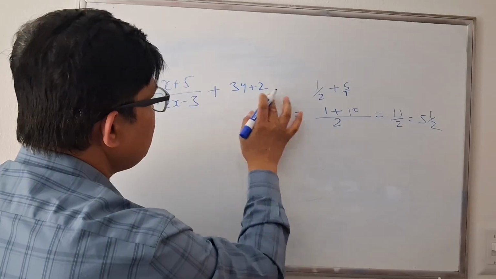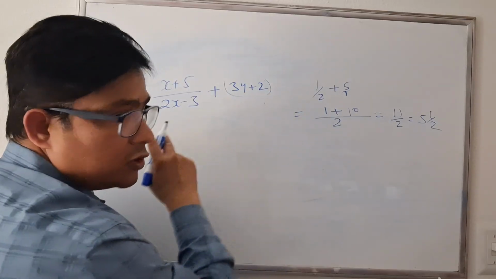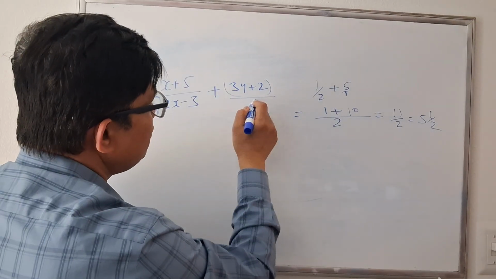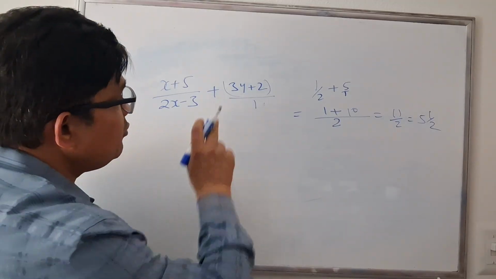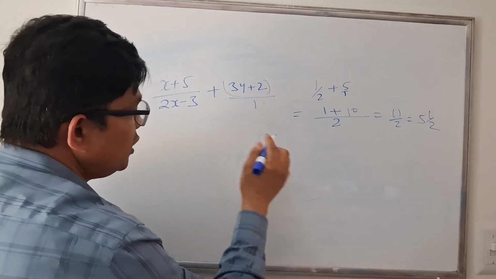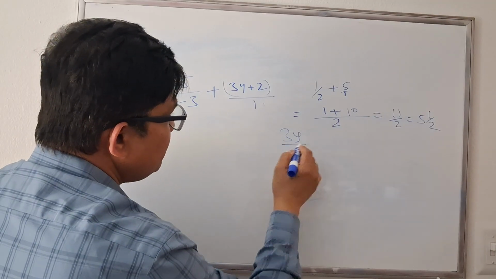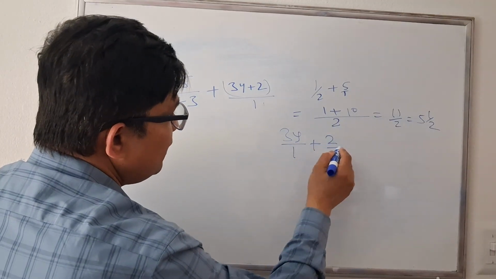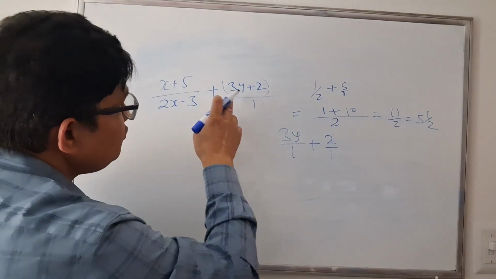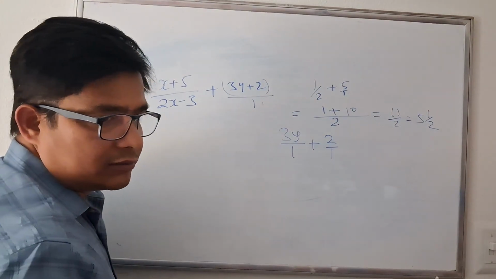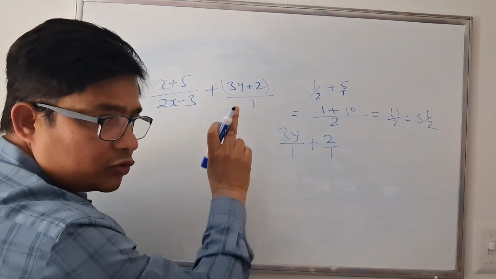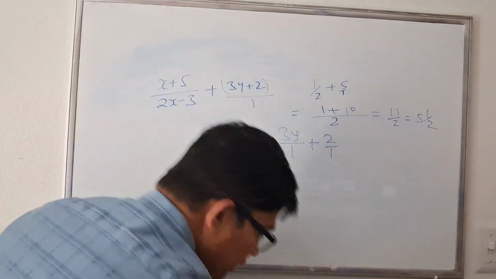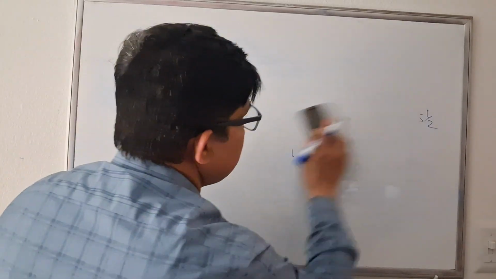Or you can just make them one term since they don't have a denominator, and put 1 as the denominator. So whatever you like. If you want to treat them as two terms, you can do 3y divided by 1 plus 2 divided by 1 like this. Or you can just use this. So what do you like? Treating as one term or two terms? Two terms? Okay. Let's go for two terms. That will be easier for you.